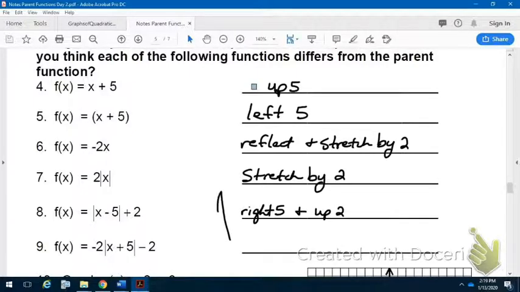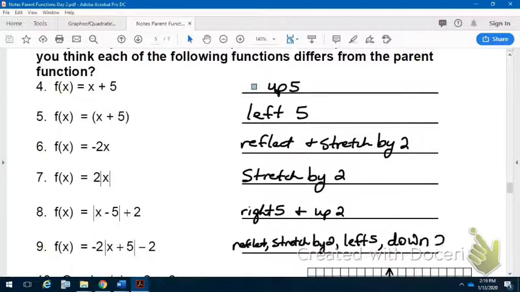Okay, so the last one that you see is a reflection. Then you've got a stretch by a factor of 2. You've got a left shift 5. And then it's going to shift down 2 units.